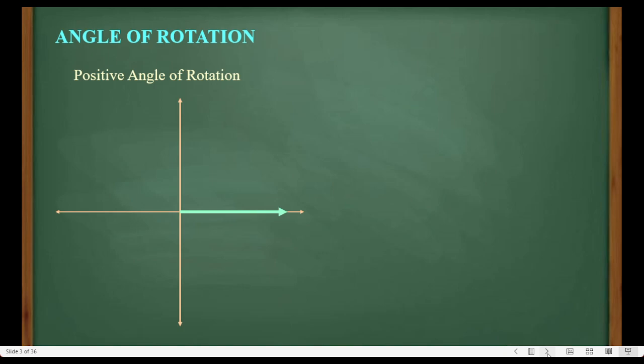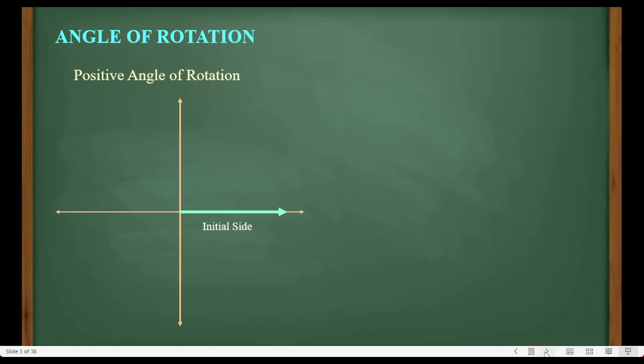So as you can see right now, I've just drawn the initial side, which is always coinciding the positive x-axis. And from that point, we are about to generate a positive angle of rotation. Obviously, the rotation will initially start at this position, the one that is coinciding the positive x-axis.